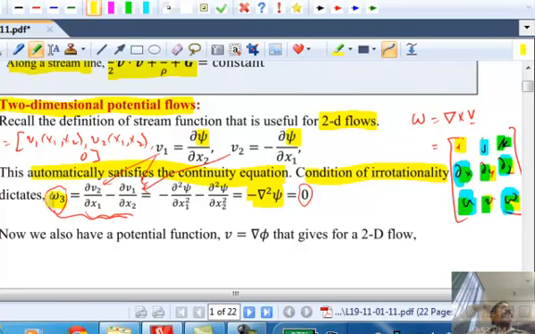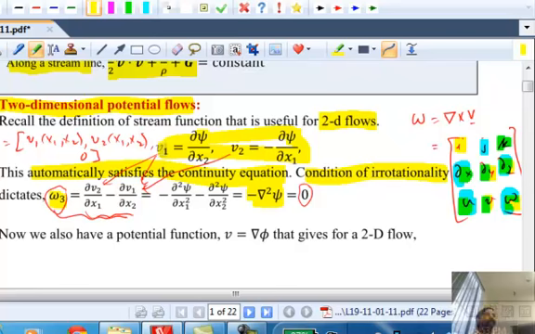So I have two ways of solving the potential flow problem. Either by solving del squared ψ equal to 0, where ψ is my stream function, which will satisfy the continuity equation and the condition of irrotationality, and V1 and V2 I obtain through the defining equations for the stream function.